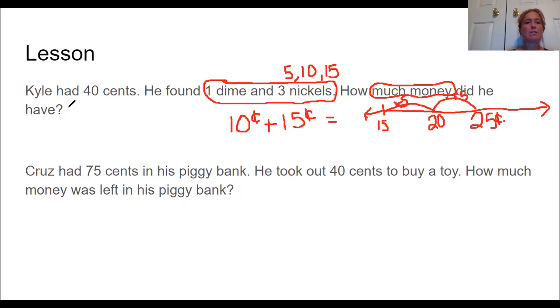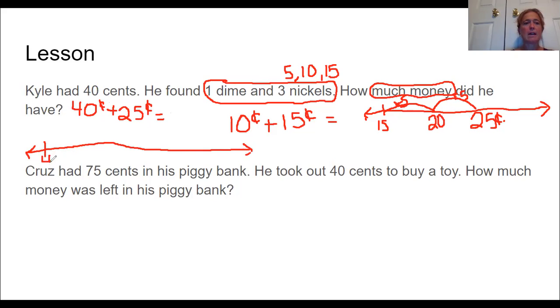So we are going to have to do 40 cents plus 25 cents. I'm going to draw my number line again. You can use base 10 if you would like also. I'm going to start with my higher number, which is 40, because then I have less to add.